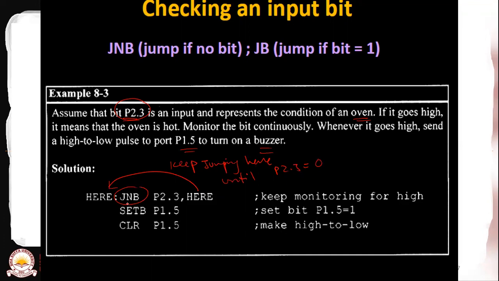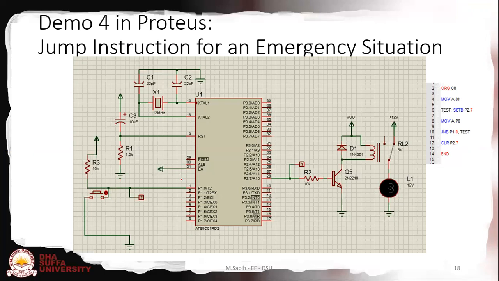Okay, so if not bit means it will keep jumping, and the moment we have P2.3 equal to 1, it will move forward. It will move to the next instruction, and the next instruction is set bit P1.0. This may be an alarm. Okay, and then you can make it high or low. So this is an example now.